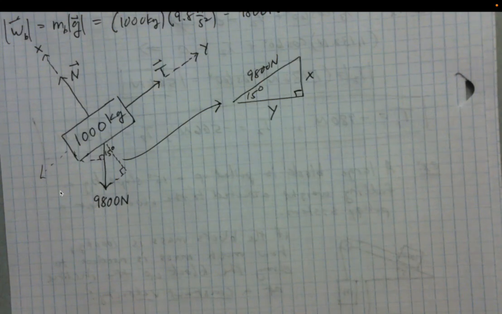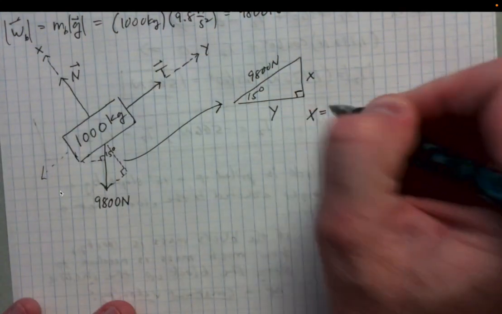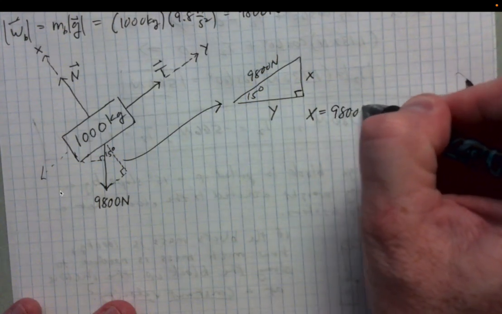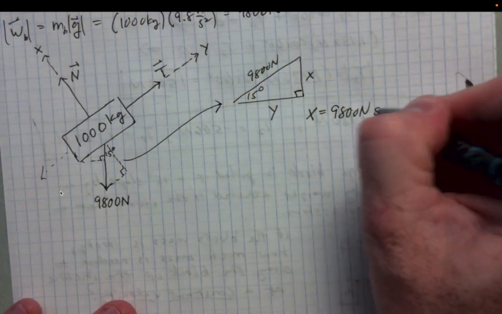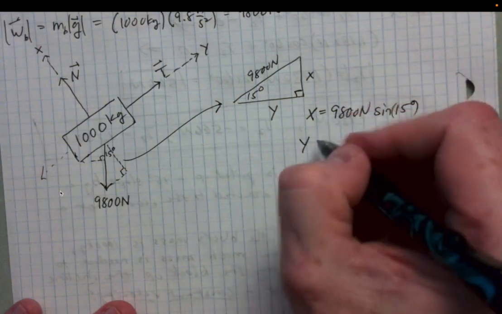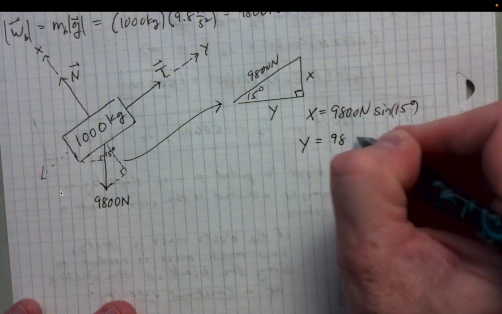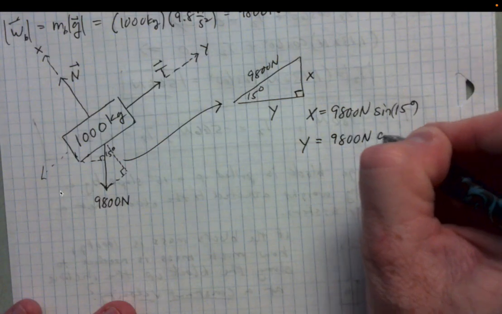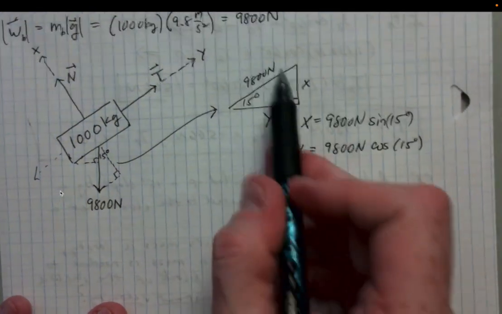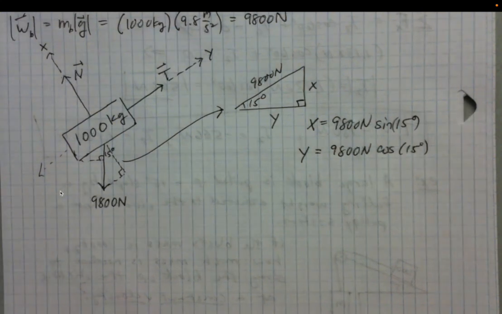And so what is x here? Well, x is going to be equal to 9,800 newtons times the sine of 15 degrees. And y is equal to 9,800 newtons times the cosine of 15 degrees. All right, just doing that trig that we've done a couple times already.